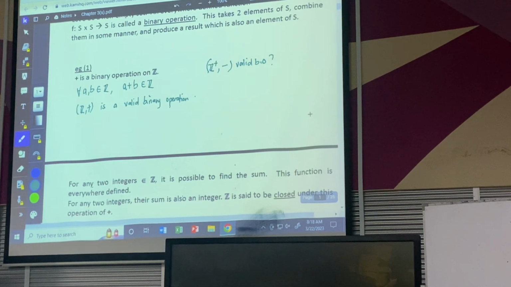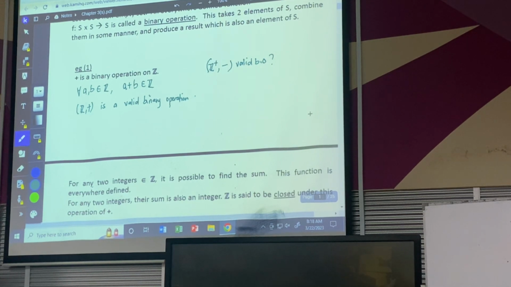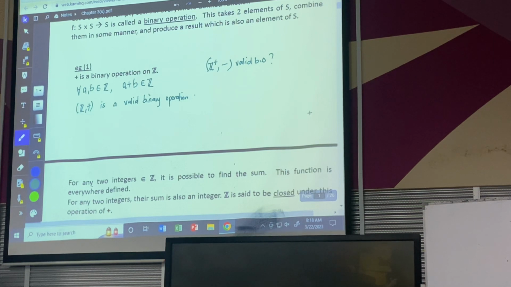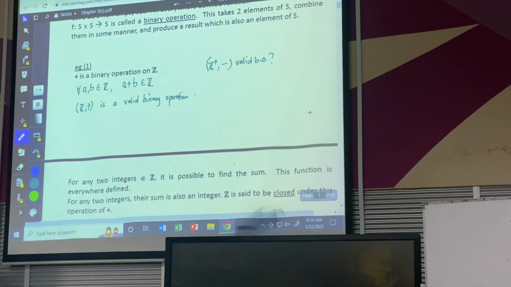If I take any two positive integers and subtract them, do you think the answer will be a positive integer also?